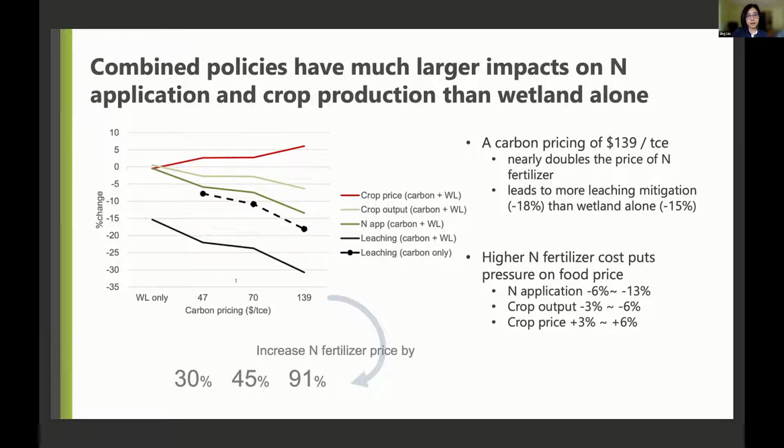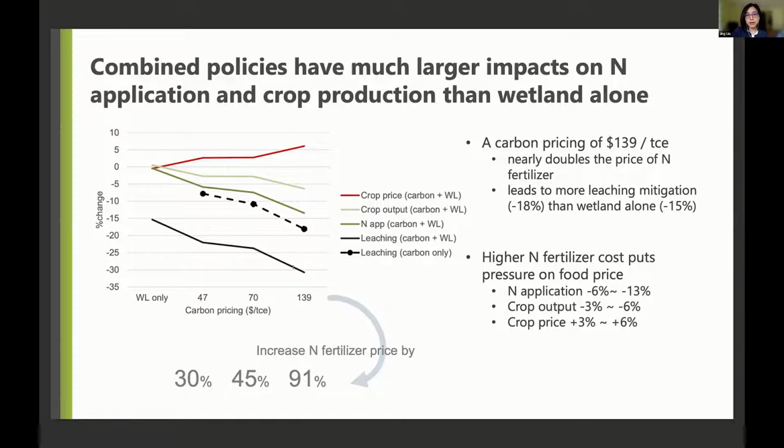But when you introduce the carbon pricing combined with the wetland, you start to see some impact on output and fertilizer use because of the more expensive fertilizer application. And then the impact just gets bigger when you move to a higher level of carbon pricing.